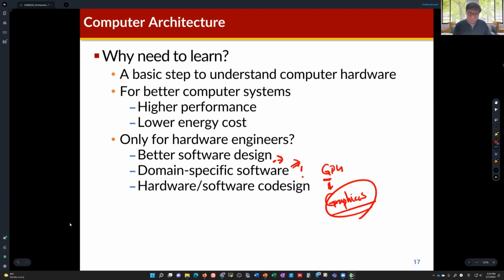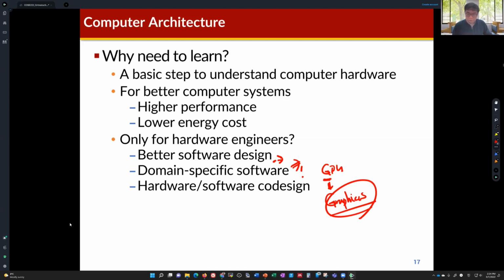So to utilize the hardware of GPUs, you need to understand how GPUs work and how software or GPU applications run on these GPU architectures.